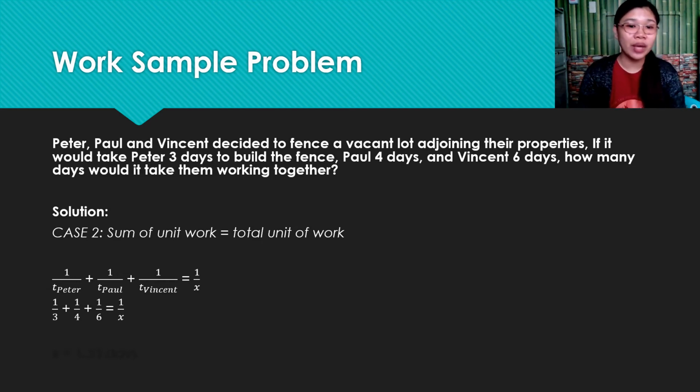One tip here in solving: you can directly type this in the calculator and use shift solve. But if you also solve this as 1 over 3 plus 1 over 4 plus 1 over 6, do not forget that the result is 1 over x.